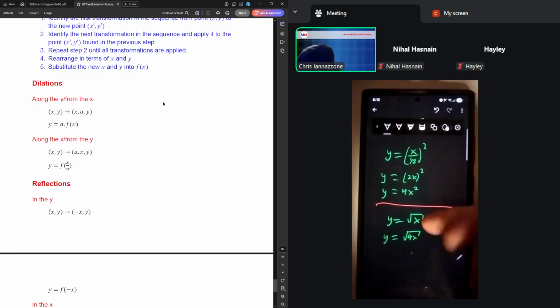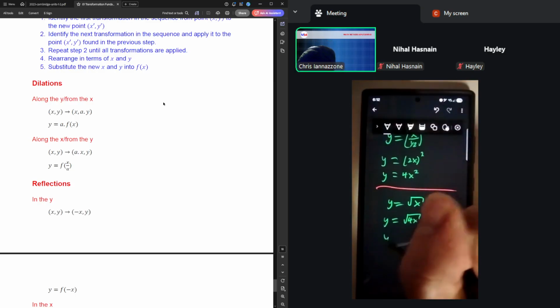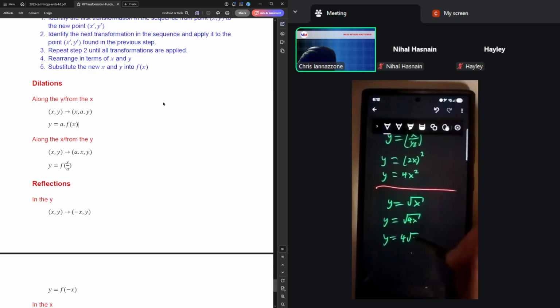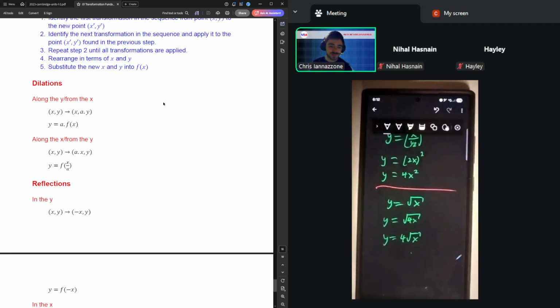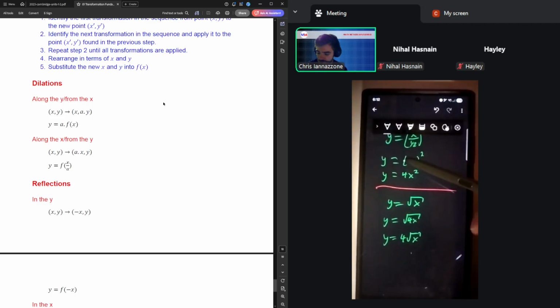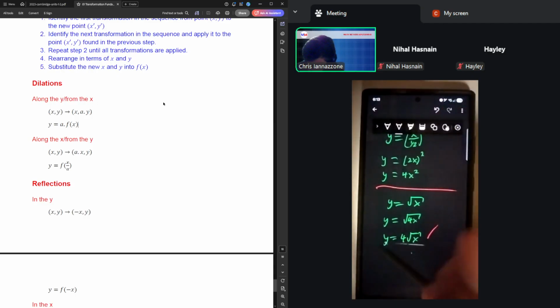So in this case, you kind of put it in the middle, which you can actually put it in there, but just not as a 4. You have to use the square root rules to shove it through if you wanted to. Similar to how we squared it on the way out, you'd have to square root it on the way in. It's vice versa here. But 4 root x would be the more accurate answer there.